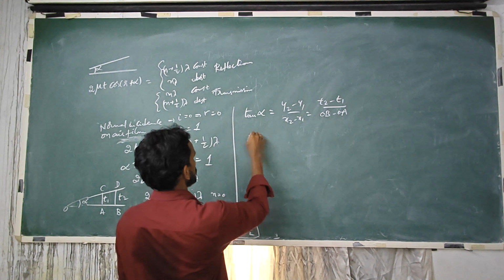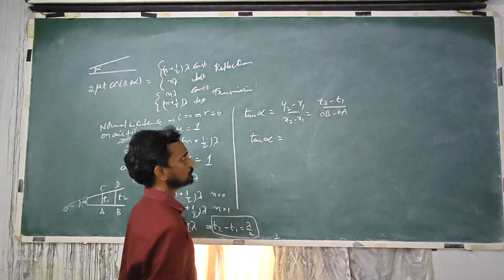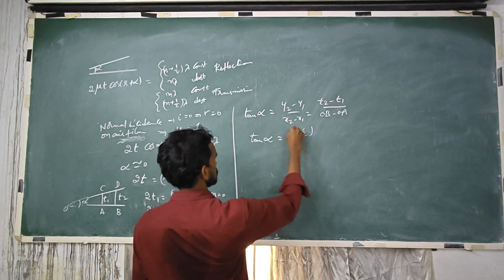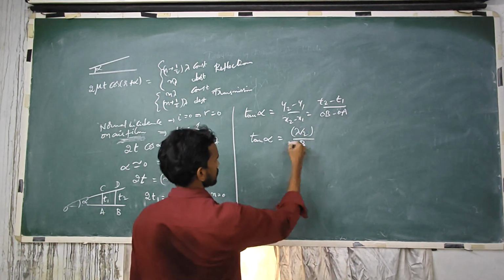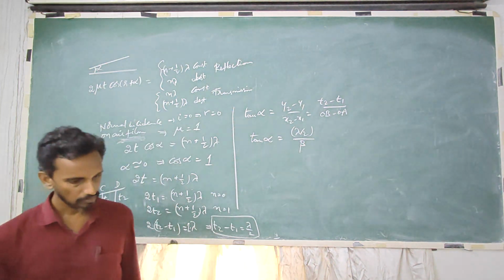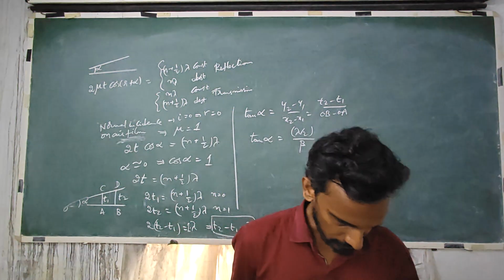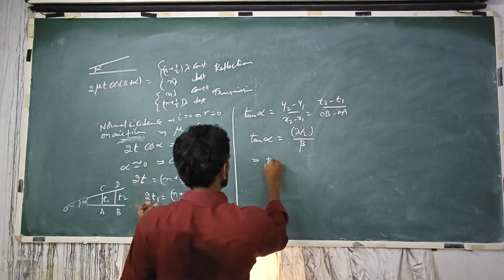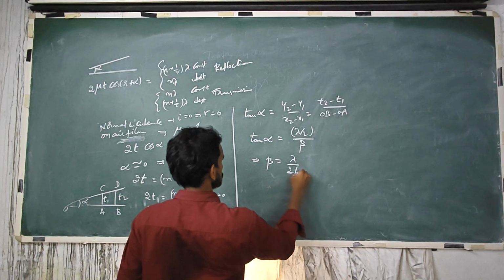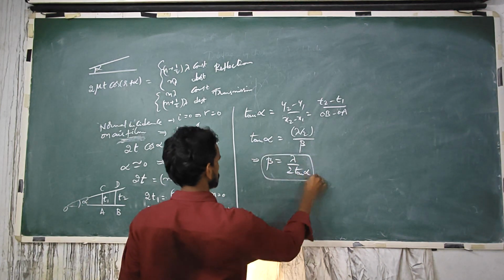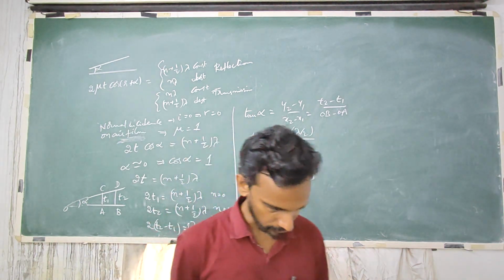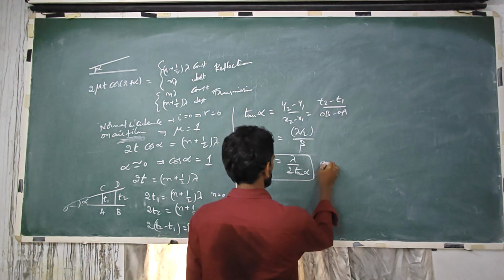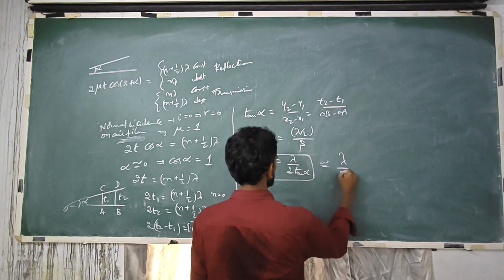Okay, so tan alpha is equal to T2 minus T1, which is lambda by 2, by OB minus OA, which is beta, the fringe width. Right? So the fringe width is lambda by 2 tan alpha. So that is the fringe width. Or you can even write, when alpha is very small, it is lambda by 2 alpha.